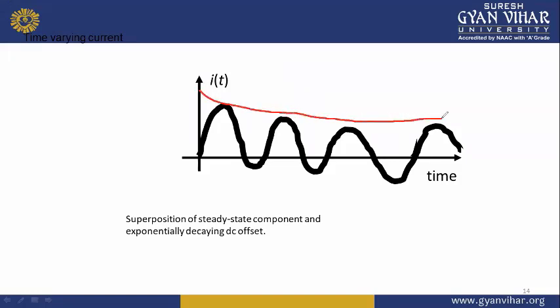This is your exponentially decaying component. After some time period, it gets equal. Now the superposition of the steady state component and the exponentially decaying DC offset current.